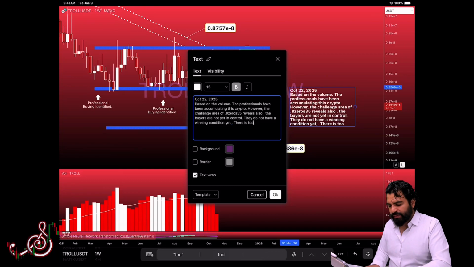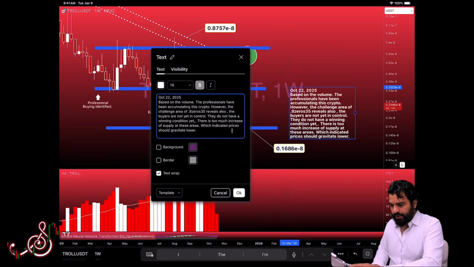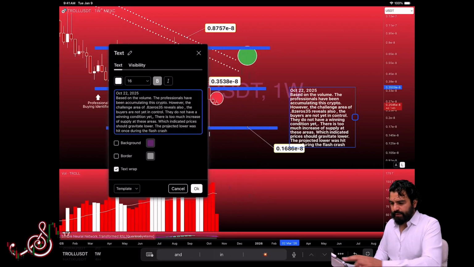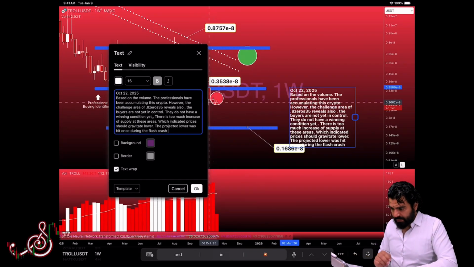There is too much increase of supply at these areas, which indicated prices should gravitate lower. The projected lower was hit once during the flash crash, and it was on the week of, which week was it?